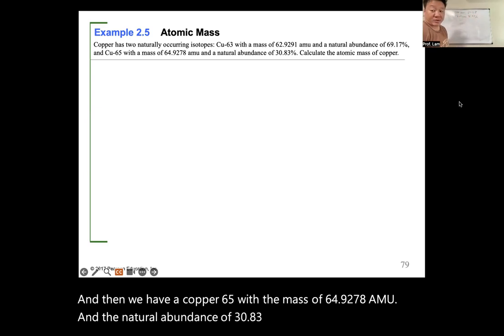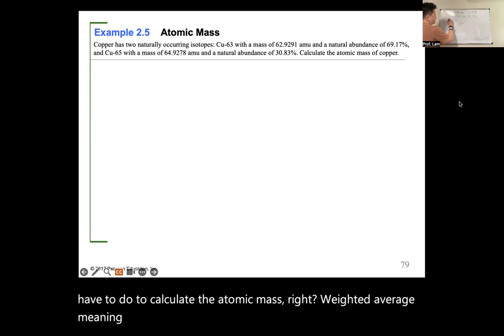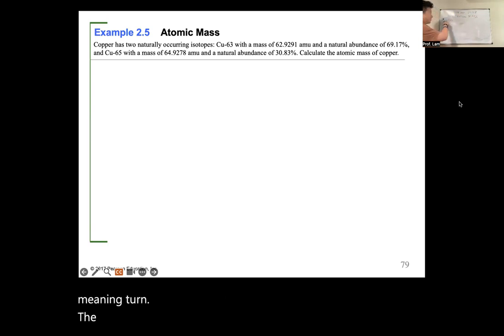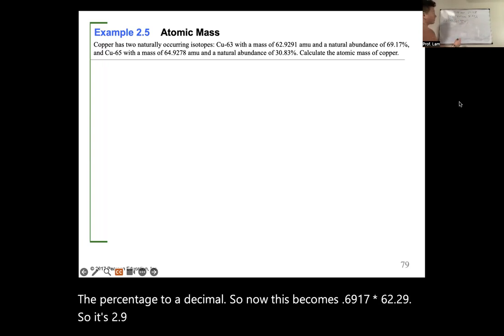Now remember what we have to do to calculate the atomic mass: a weighted average, meaning turn the percentage to a decimal. So now this becomes 0.6917 times 62.9291, and get a number there.